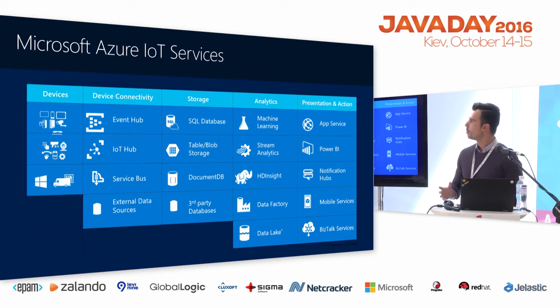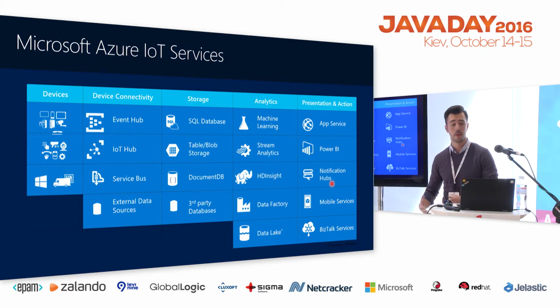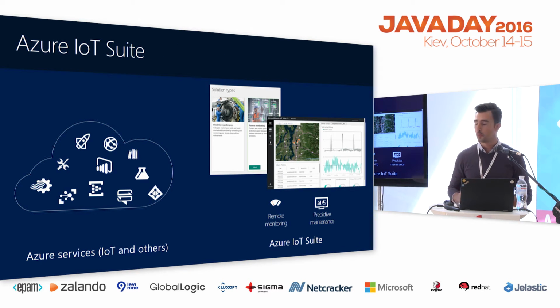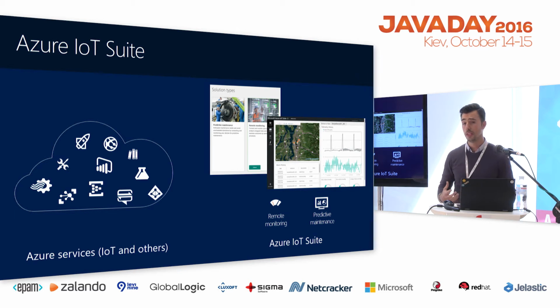That's another overview of the services that are more or less related to IoT: the devices, the options for data ingestion or connectivity, where you can store the data, and the services that you can use for analytics and presentation of the results. Still, this is a lot of services and a lot of information, so it would be hard to get you started. That's the reason why Microsoft came up with something called Azure IoT Suite.